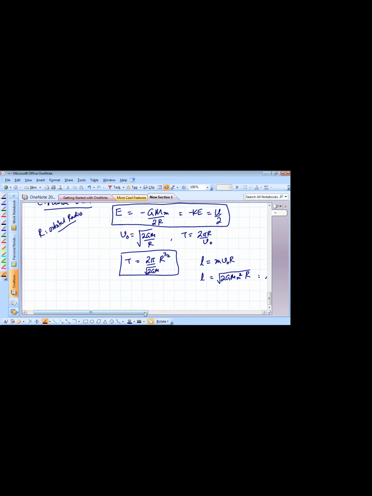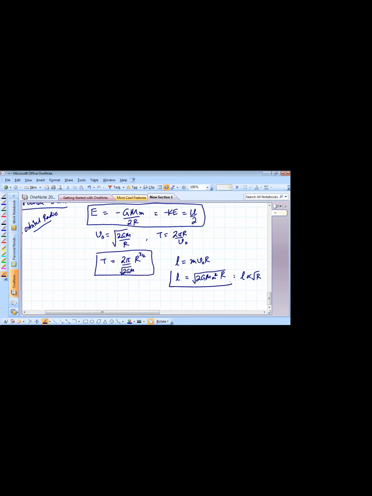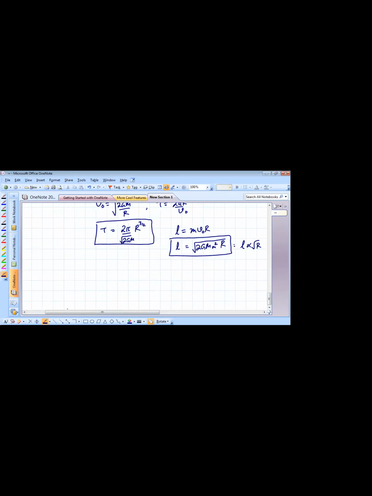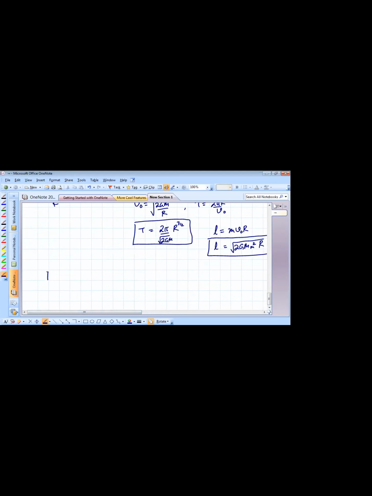Now about the elliptical orbit, similarly, what equations we have? Time period is proportional to semi-major axis to the power 3 by 2. Okay.